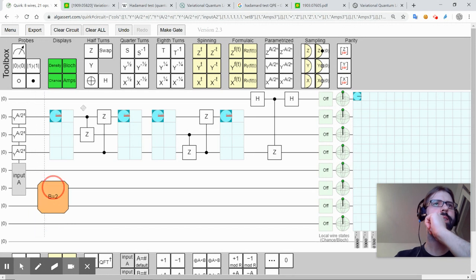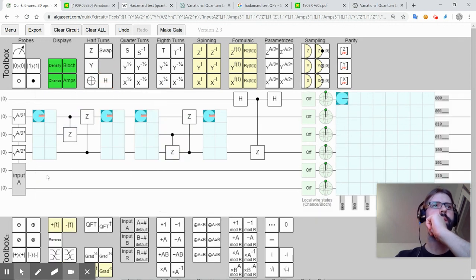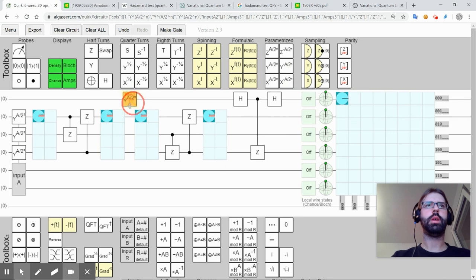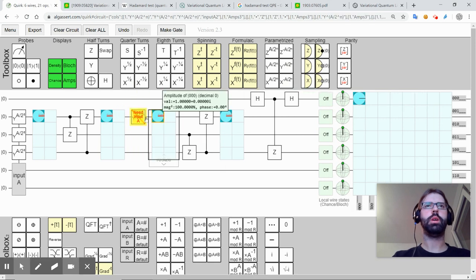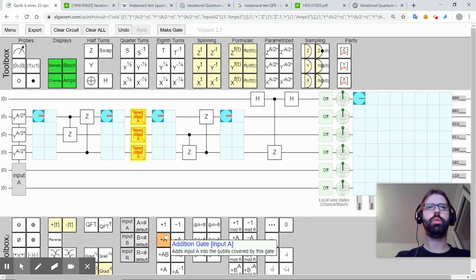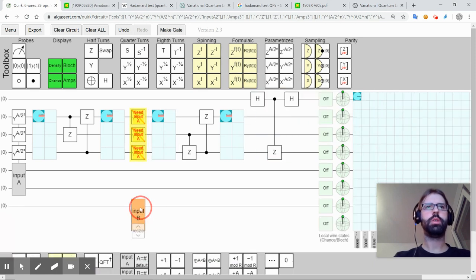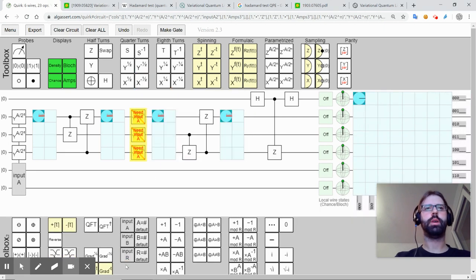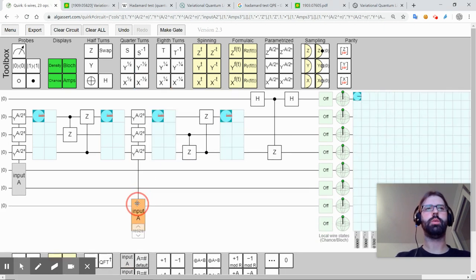Ah, okay. Because I think like that I can basically do, now I can basically do, that's a pretty cool feature, but it needs input A. So I can actually do it like these.